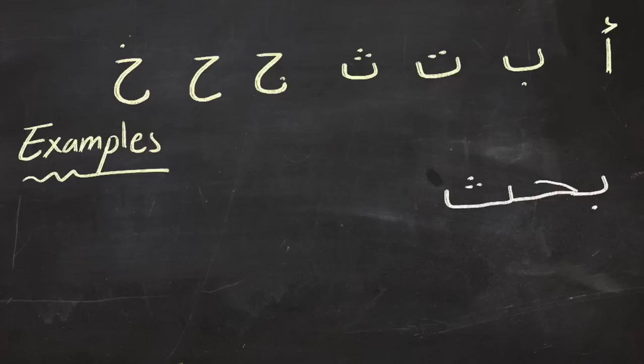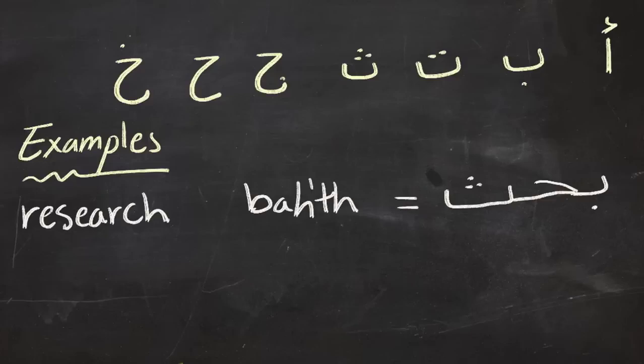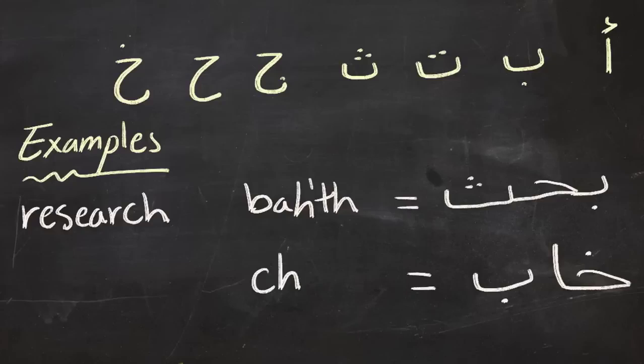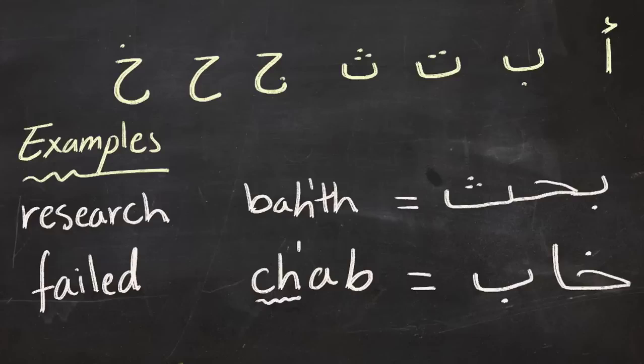The next example is Bahth. Bahth means research. Next is Khab. Khab. Remember the CH of the Scottish language, and Khab means failed.